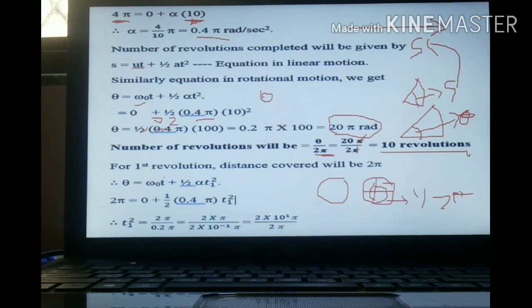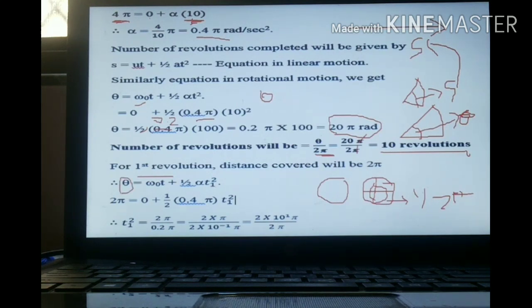Now for the first revolution we have to find out the time. The second question was, for the first revolution, what is the time taken? Again we will take the same formula, theta is equal to omega 0 t plus half alpha t1 square.